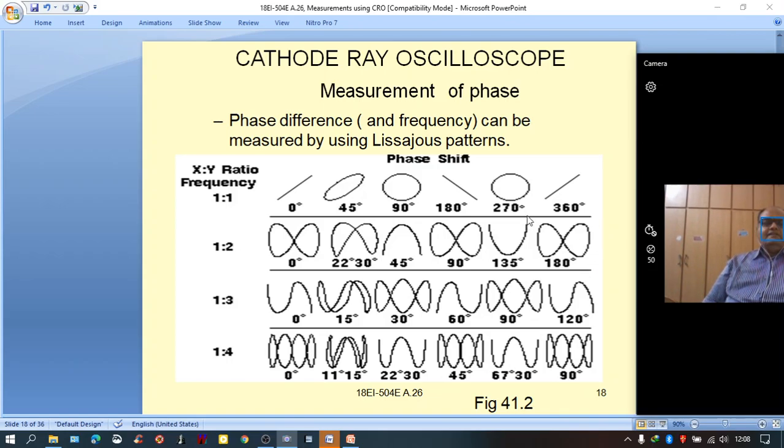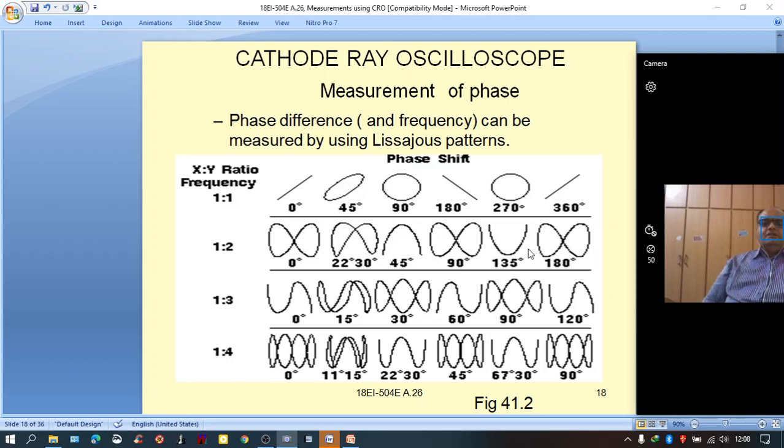So when a Lissajous pattern appears like this, the first conclusion is the frequency of one signal is double the frequency of the other. Which signal is having higher frequency? The signal which is corresponding to the vertical direction.